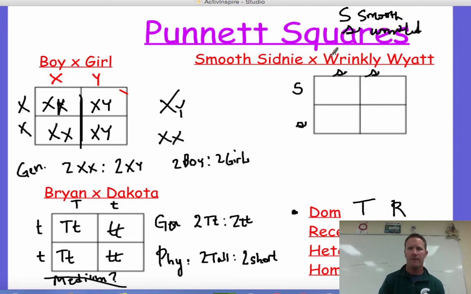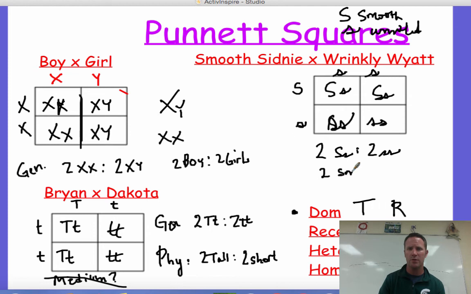Okay, put these together, you get the same ratio. As before, you get a 2 to 2 ratio. So my genotypic ratio is 2 big S, little s to 2 little s, little s. And my phenotypic ratio is 2 smooth to 2 wrinkled. Okay, so expect to see some Punnett squares on there.